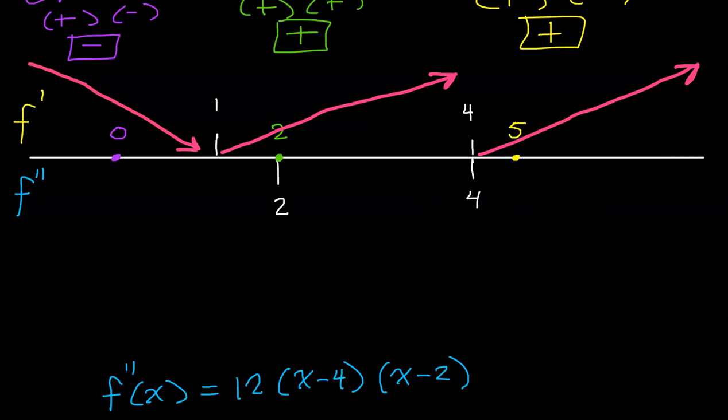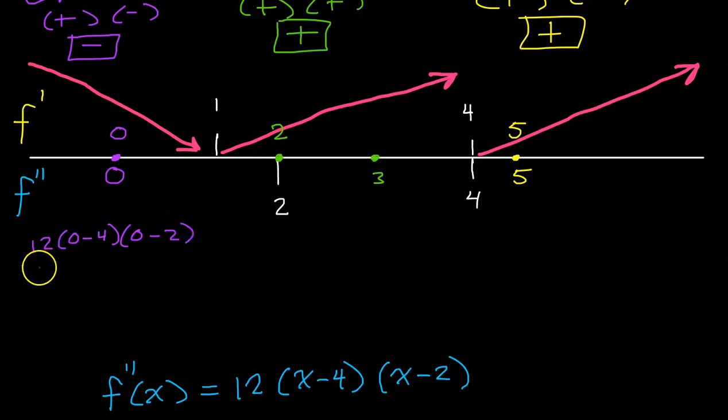For my test values, I think I will use 0 again in the first interval. So in this interval, I'm going to have to pick a new value. I think I will pick 3 is the obvious choice. And in the final interval, I'm going to use 5 again. So let's start evaluating. So for 0, I'm going to have 12, and then 0 minus 4 times 0 minus 2.